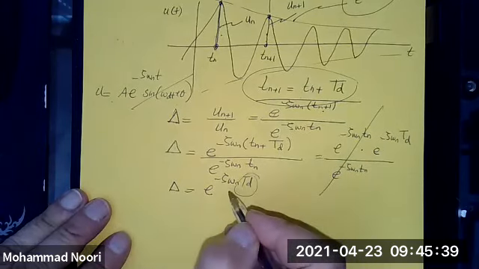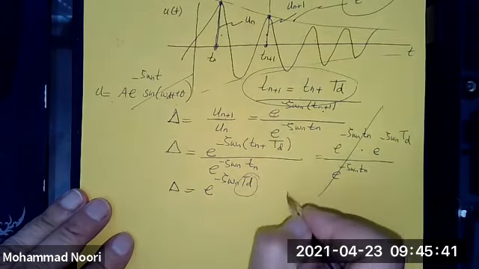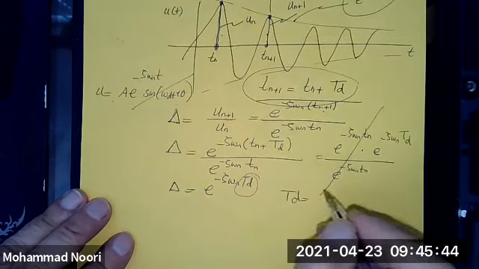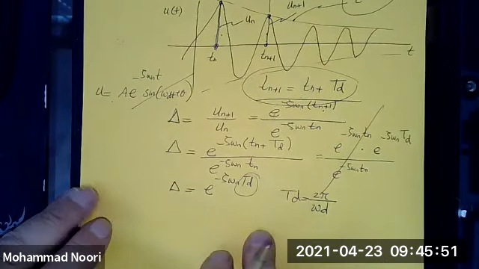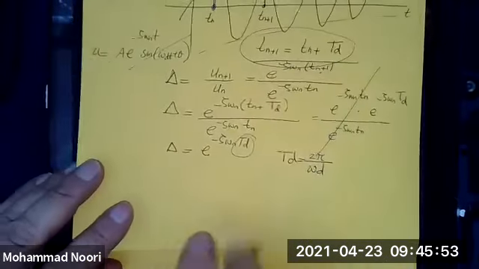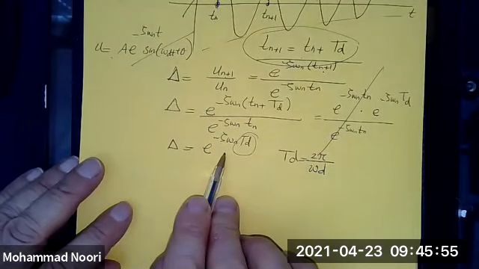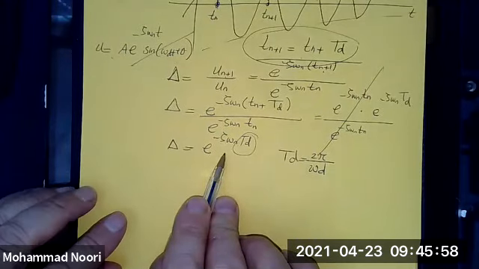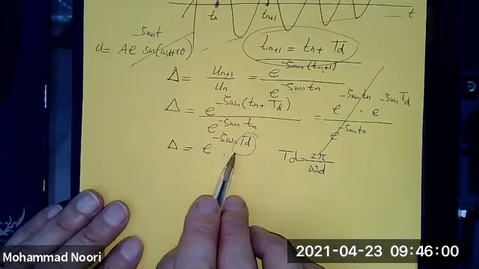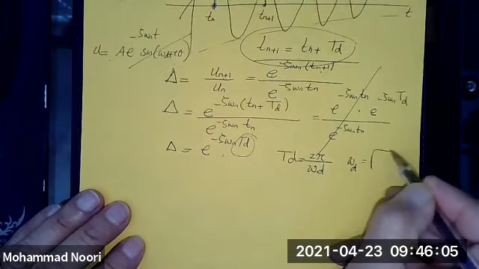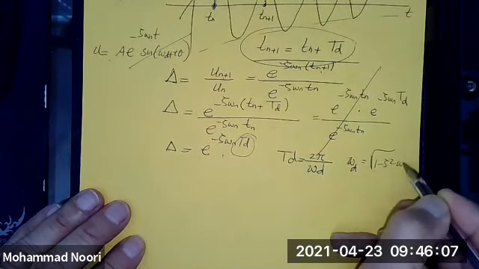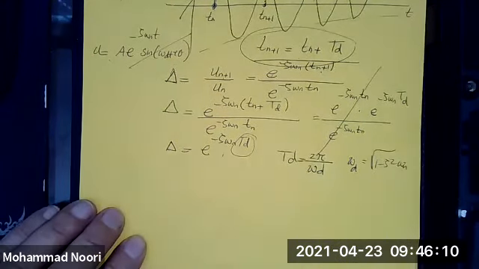But what is Td? Td is 2 pi over omega d, okay? So let me substitute that in here. And also we know that omega d is square root of 1 minus zeta squared times omega n, okay? So I will just substitute that in here.